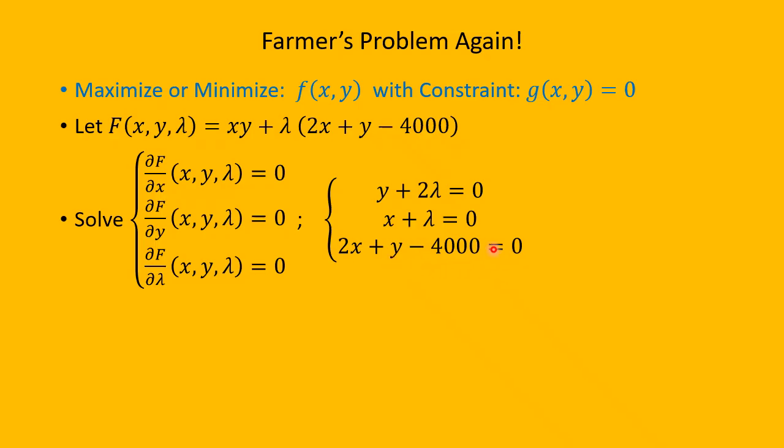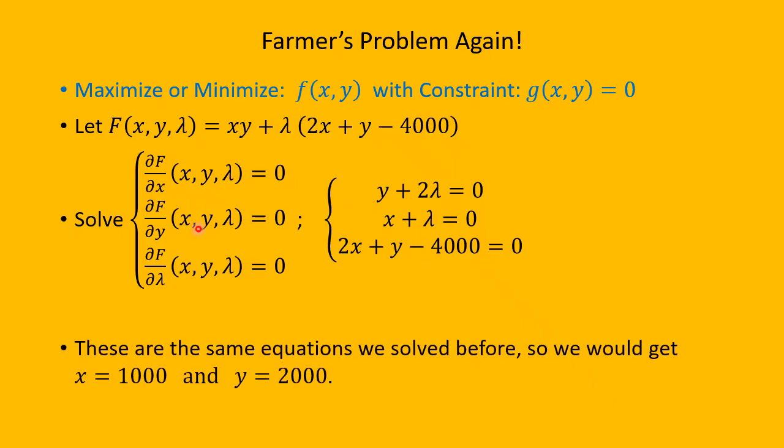If you look at this, this is just the constraint function. The constraint was that 2x plus y had to be 4,000, so 2x plus y minus 4,000 had to be 0. So these are the same equations we saw before, and so we'll get the same solution that we had before. We'll get that x is 1,000 and y is 2,000.